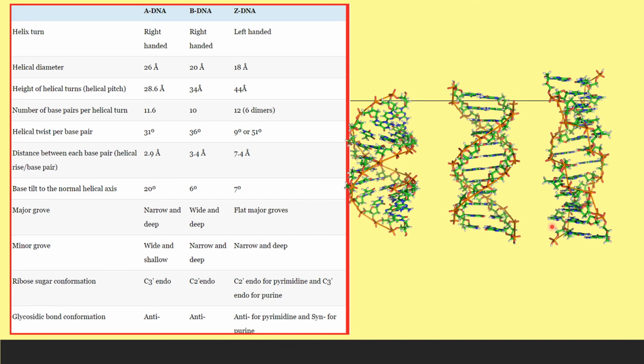Okay. And the helical twist per base pair is, here it is 31 degree, here it is 36 degree, here it is 9 or 5 degree.